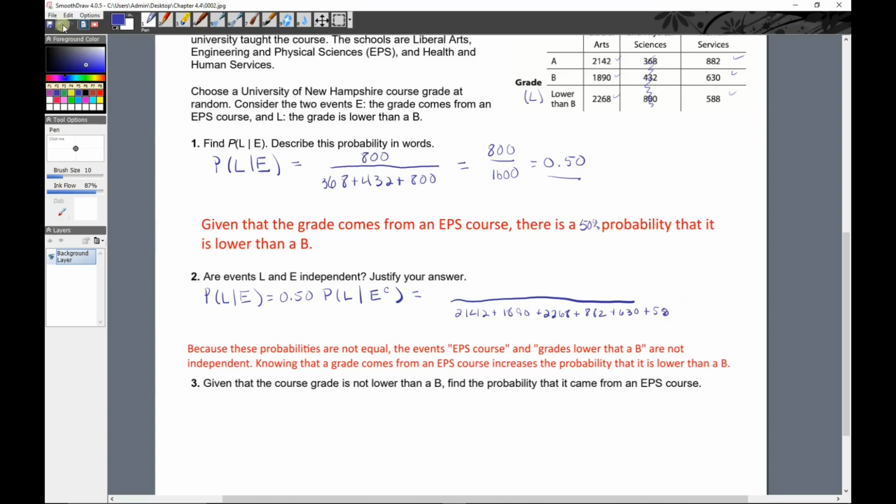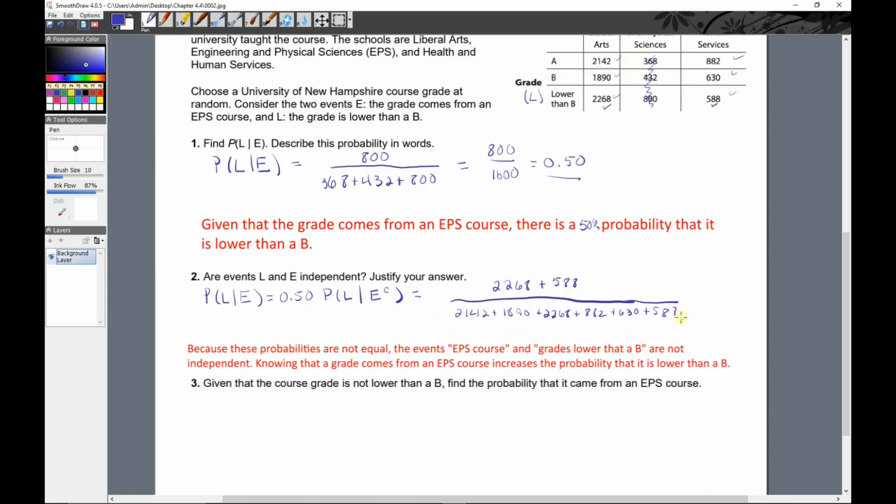Go ahead and fix that up a little bit. So 588, and that'll be over the two that are lower than a B. So the numerator will be 2268 plus 588.